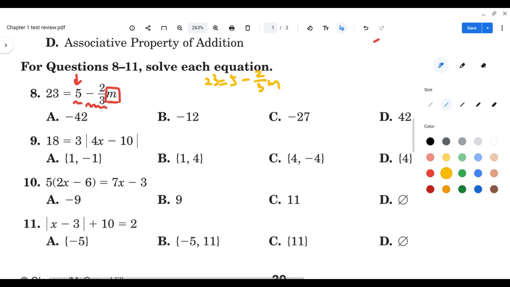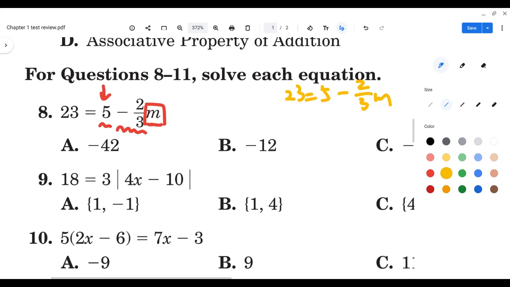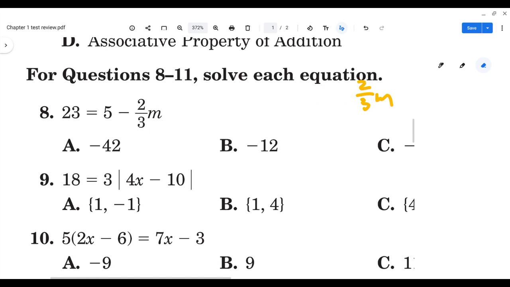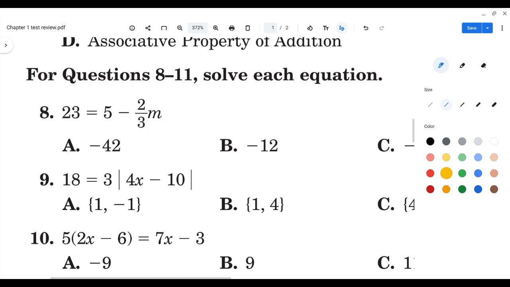You know what, let me just make it bigger. Oh, this pen is killing me. So you subtract 5 on both sides. Okay?